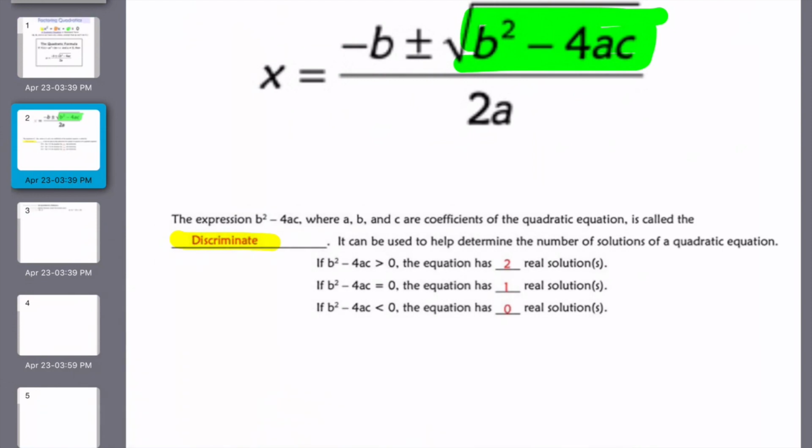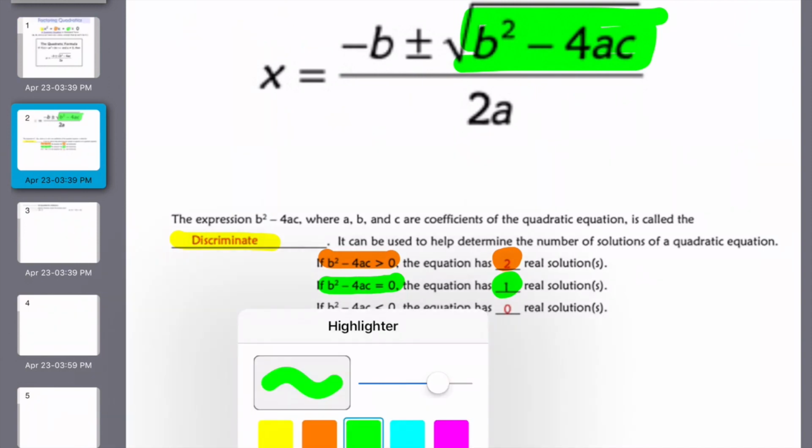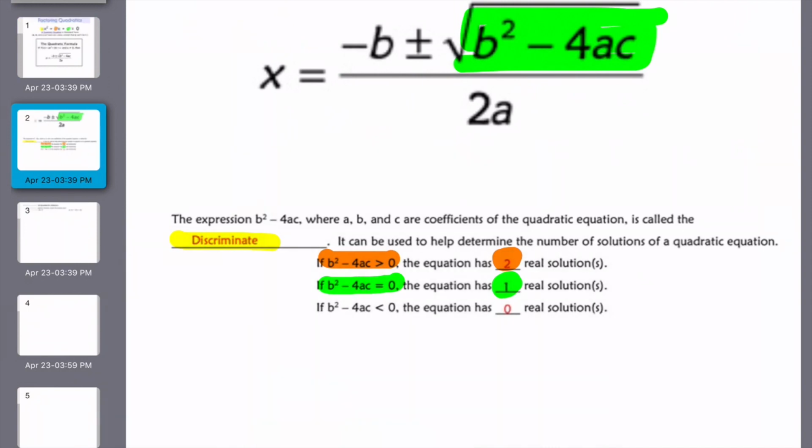So if b squared minus 4ac is greater than 0, then we know for sure that the quadratic has two real solutions. If b squared minus 4ac equals 0, then it's only going to have one real solution. And if b squared minus 4ac is less than 0, then it's going to have 0 real solutions.